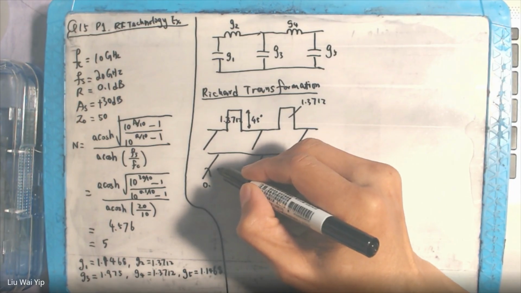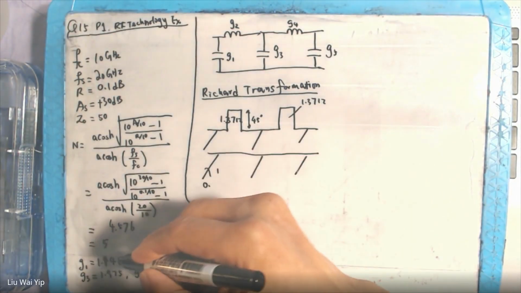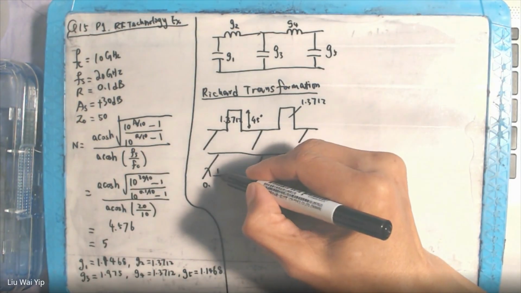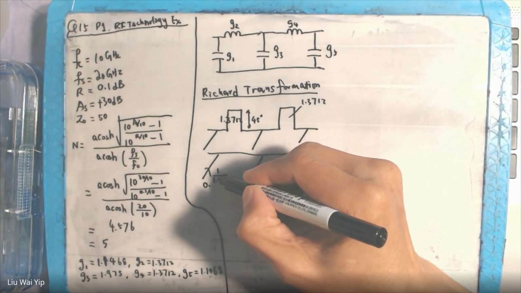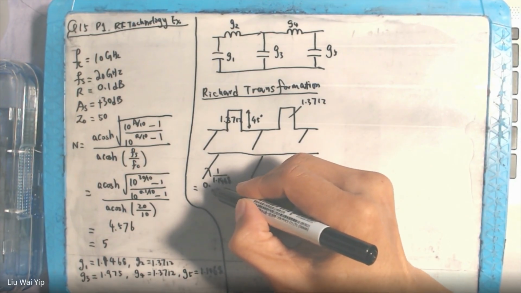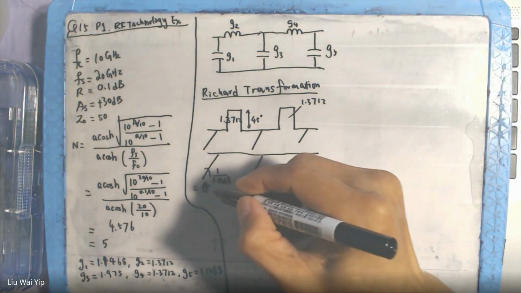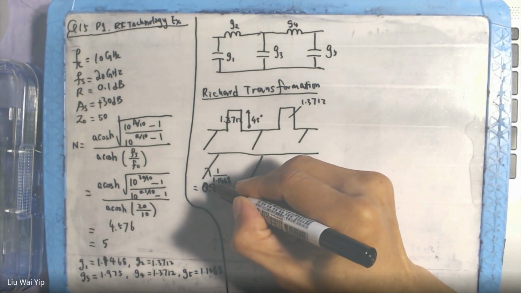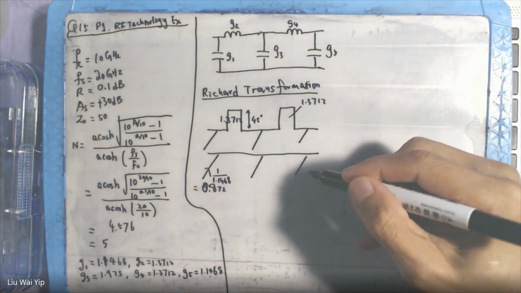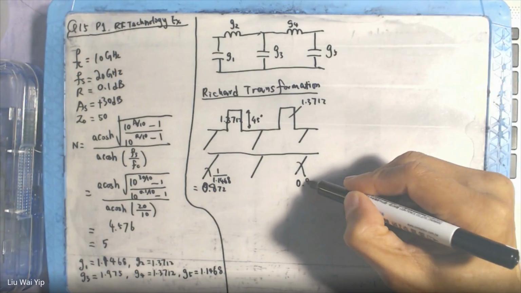Originally it was 1.1468, but you need 1 over it. So from here, I can say this is 0.872. The filter should be symmetrical, so this one is also 0.872.